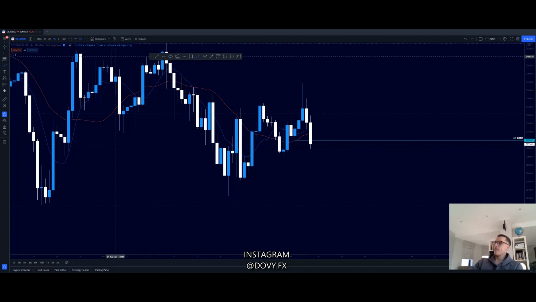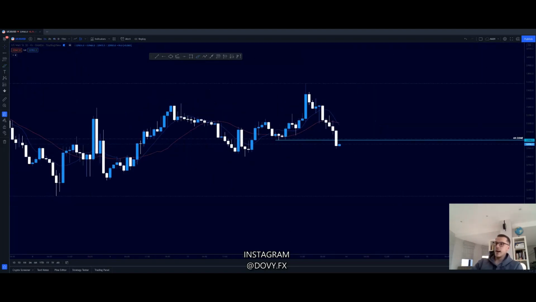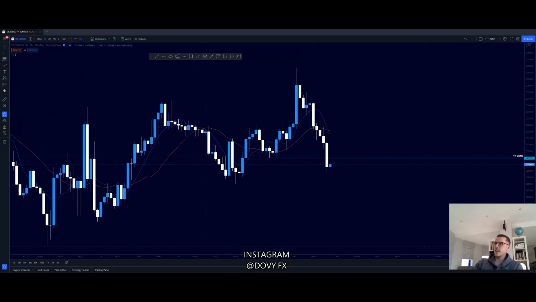Now this is going to be my 4-hour zone, and if I scale down to a lower time frame such as 1 hour, another thing that we can see is a cross of both moving averages. Blue moving average above red moving average indicates bullish pressure, and then we have the opposite: when the blue is below the red, it indicates bearish pressure.